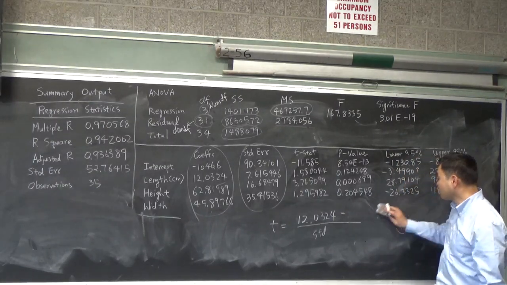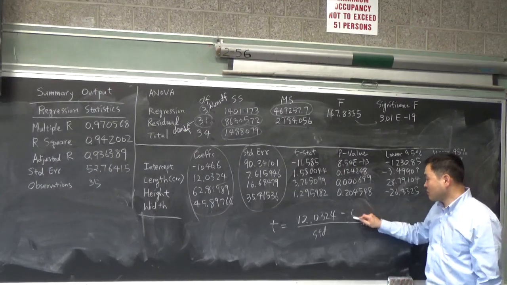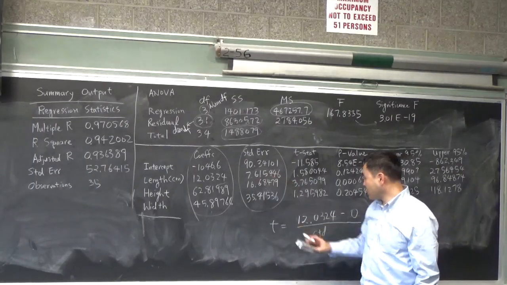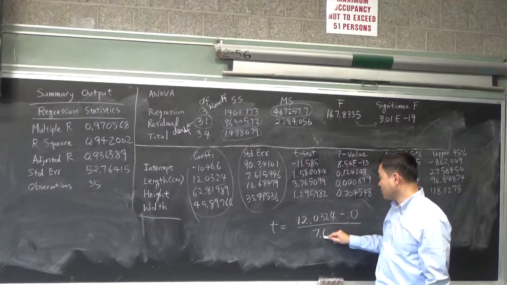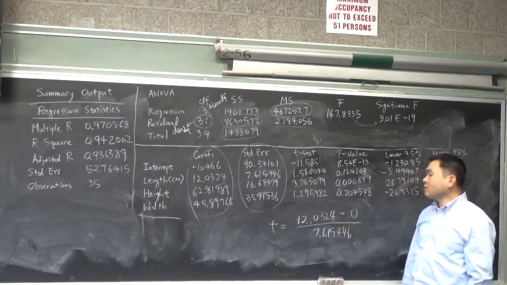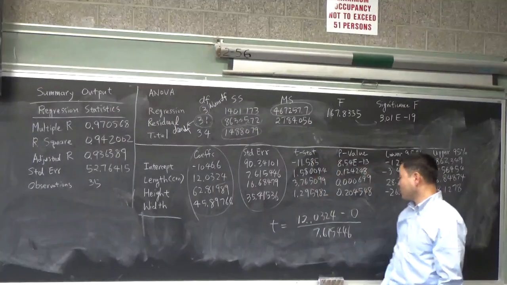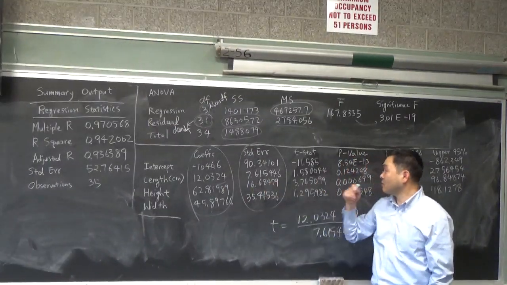The null hypothesis claims that there is no correlation, so it must be 0. Very good. Okay? And then you divide it by the standard error, which is 7.615446. So in other words, it's simply this. If you divide this by this, you get the next number. You can check. Take this number and divide by this, you get this number.